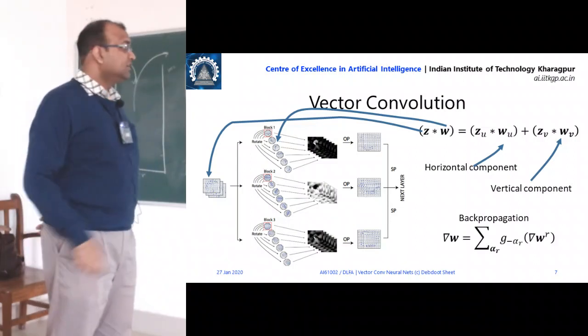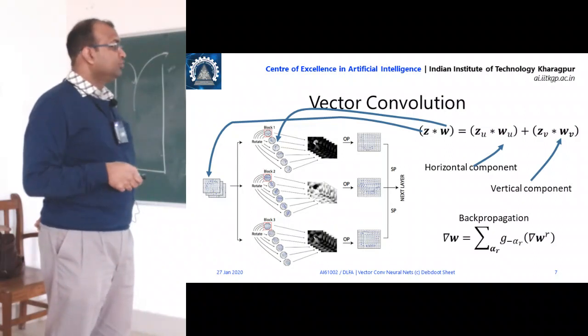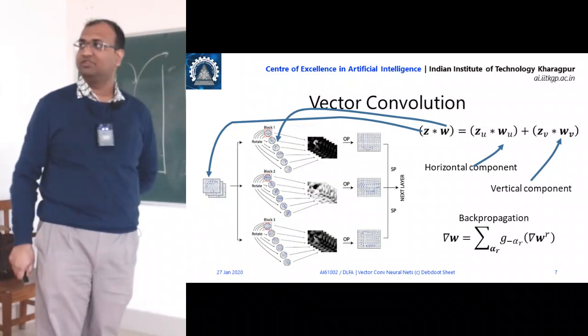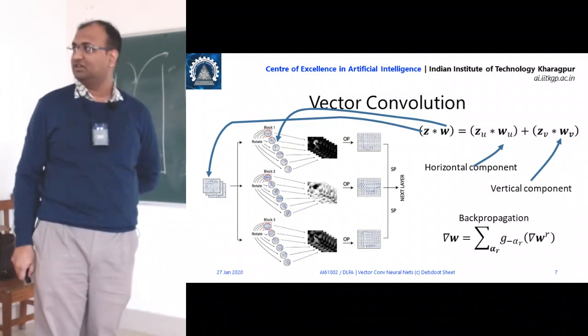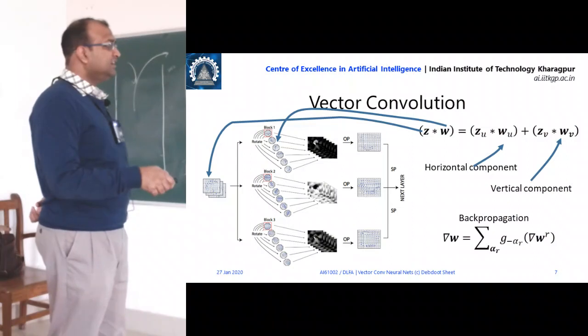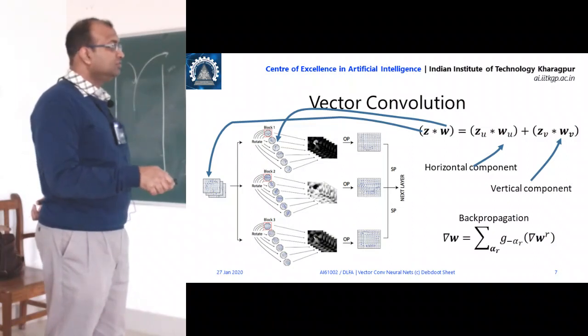Now look into this part over here. For any kind of filter, I can represent it in terms of 2 different components: a horizontal component and a vertical component. As I keep on rotating these W's, these components will also keep on rotating.